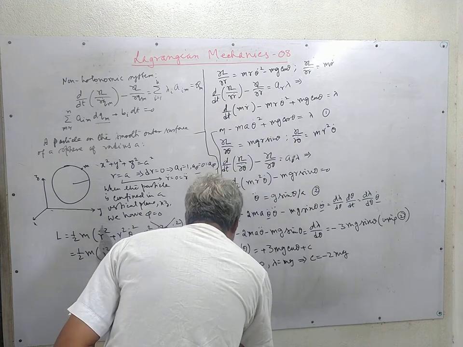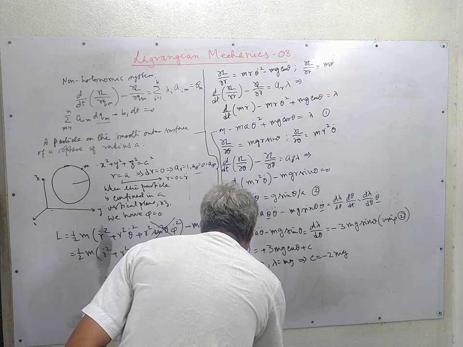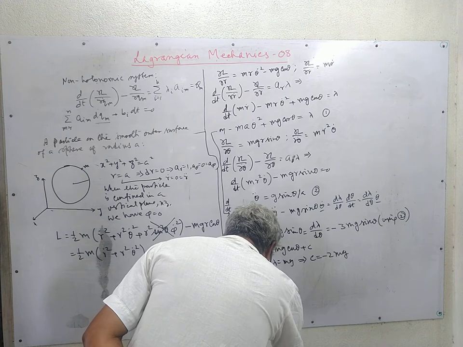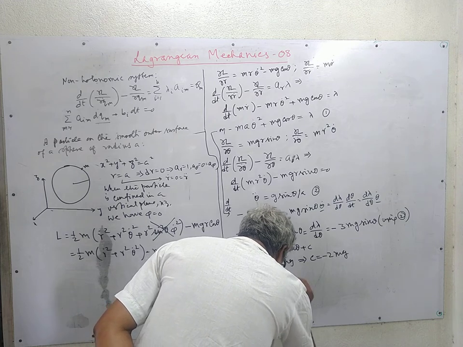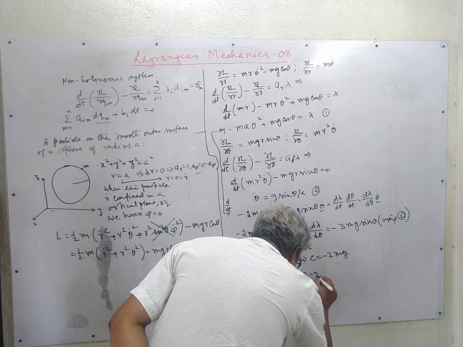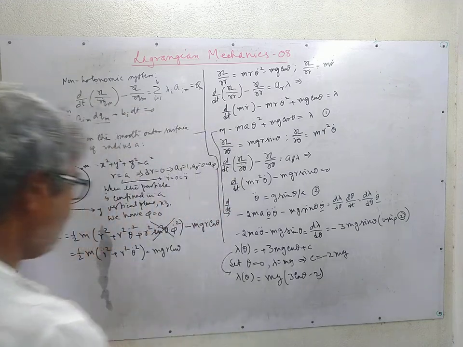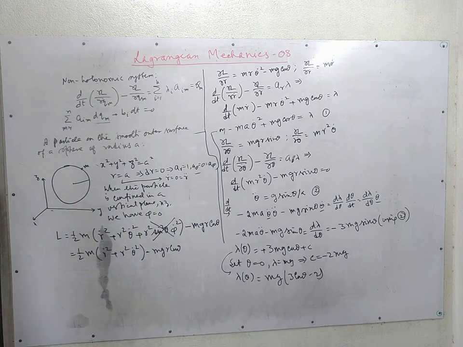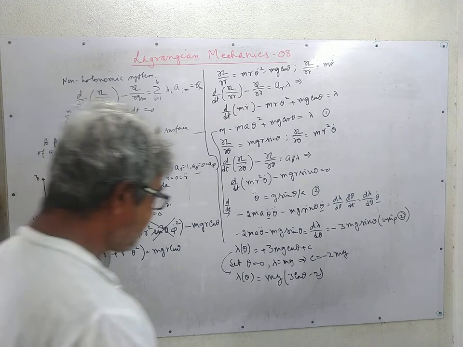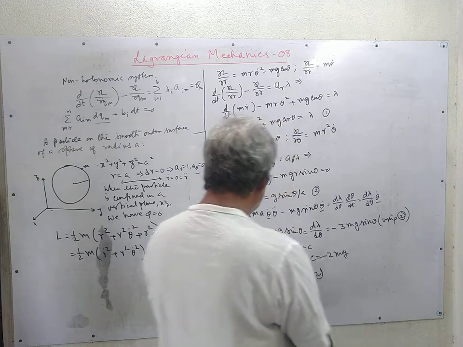So this equation becomes mg taken common, 3 cos θ minus 2. Again, the particle remains attached to the sphere so long as this is greater than 0.